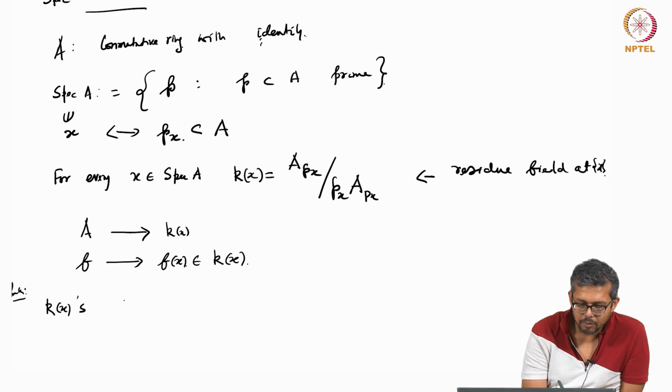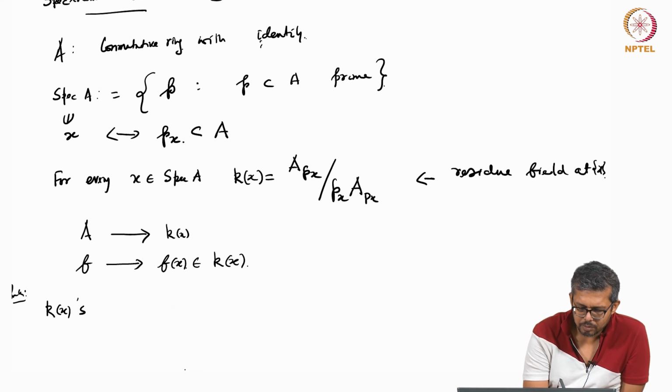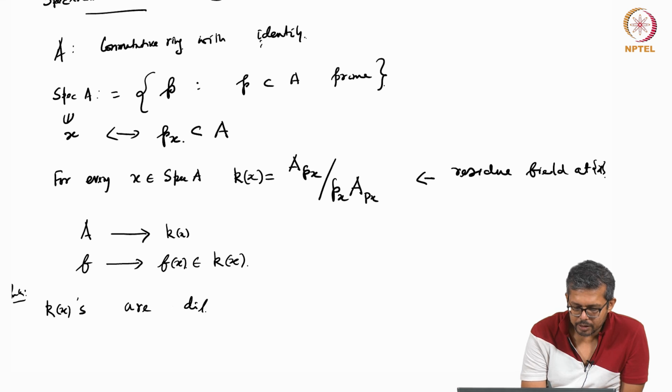So the evaluation, the k(x)'s are different in general, which is very much different from the variety case.